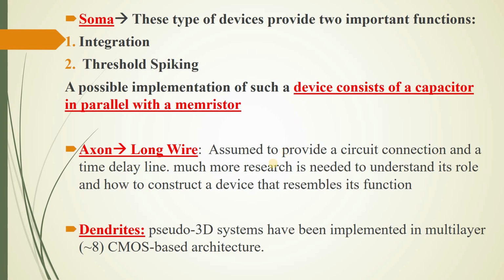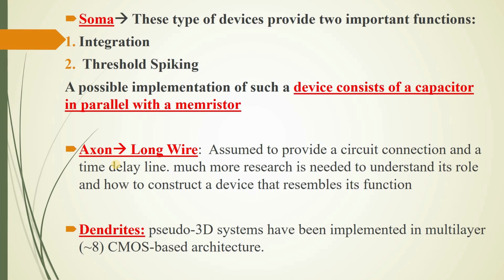Next one is the axon, which is also one of the fundamental elements of the neuron. Here the long wire resembles the functions of the axon. If you use a long wire, it is similar to an axon. It is assumed to provide a circuit connection and a time delay line. Much more research is needed to understand its role and how to construct a device that resembles this function.